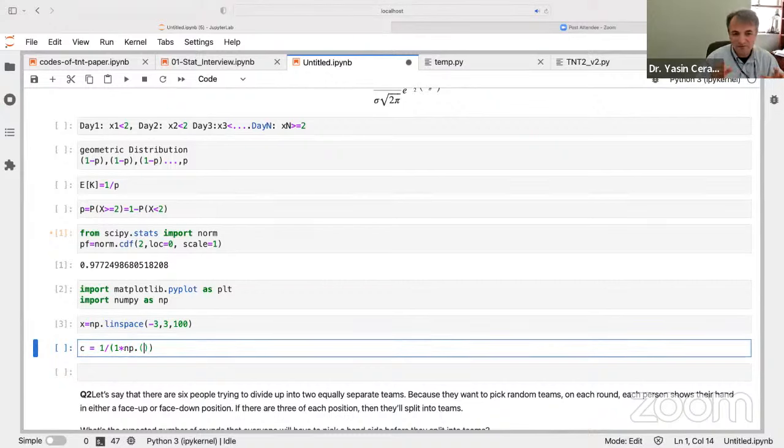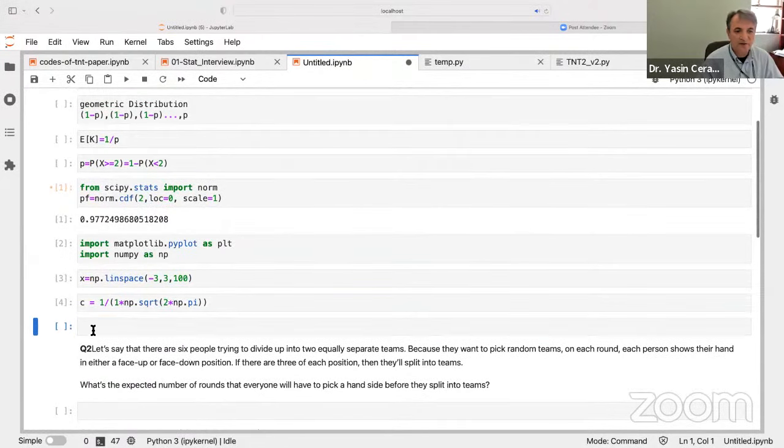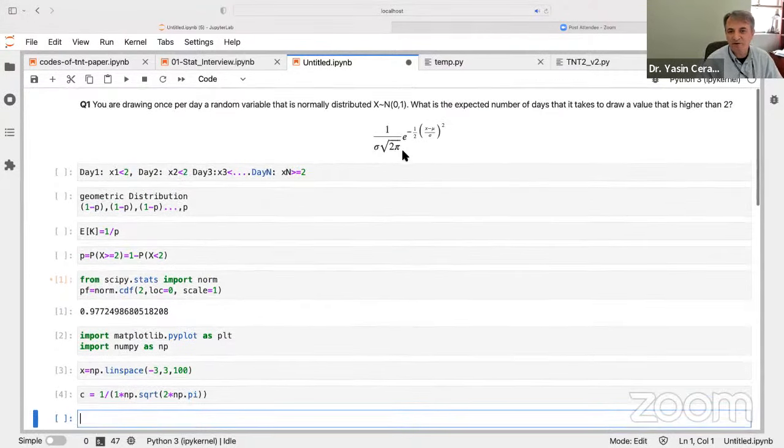Or if you like, you can use the power of 1/2. It's up to you. Okay, so this is going to be the constant. I hope I didn't miss anything.